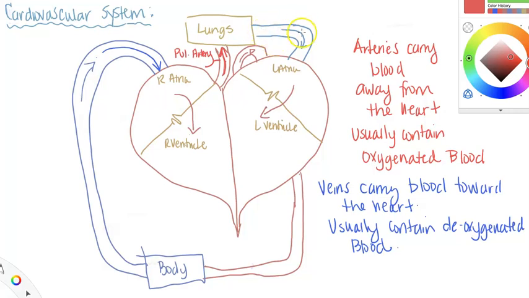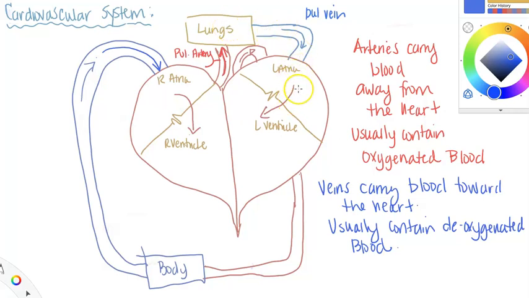Then this vessel here is a vein, pulmonary vein, that is taking blood toward the heart. So it is a vein, but it is carrying oxygenated blood because it was just oxygenated in the lungs, and now it's coming back to the left side of the heart.